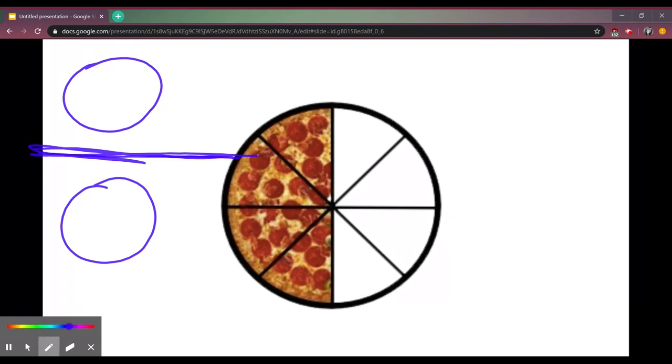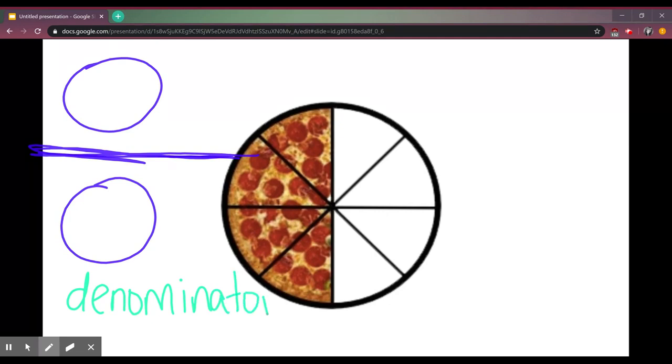The bottom number is called a denominator. The denominator tells you how many pieces your whole was cut into. So if I look at this pizza right here, it was cut into 1, 2, 3, 4, 5, 6, 7, 8 pieces.